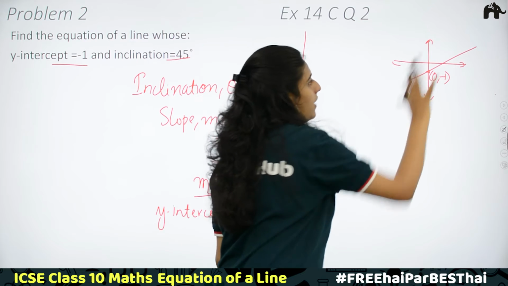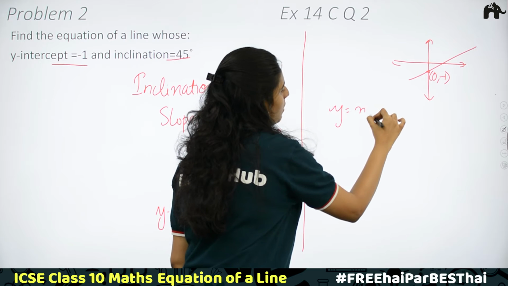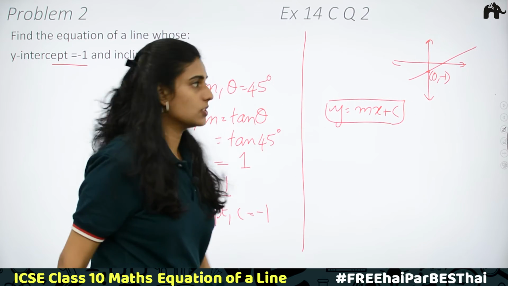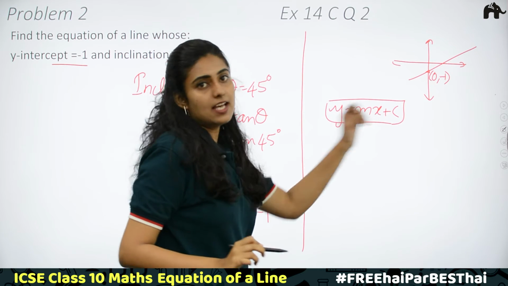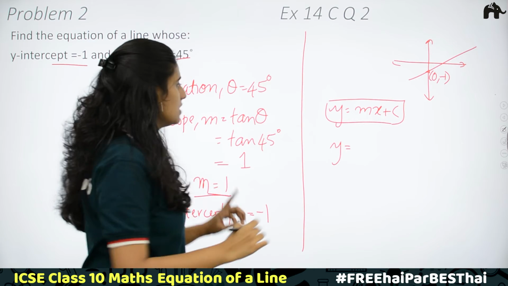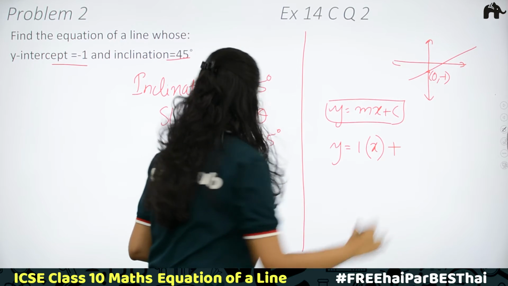Okay, we are going to find the equation of the straight line. We have y is equal to mx plus c, the equation of a straight line. Substitute the values for m and c, where m is the slope and c is the y-intercept. Y is equal to m, which is 1, into x plus the value of c.